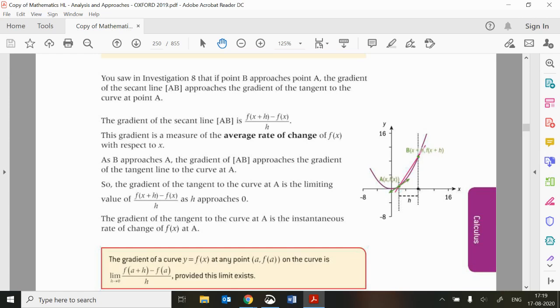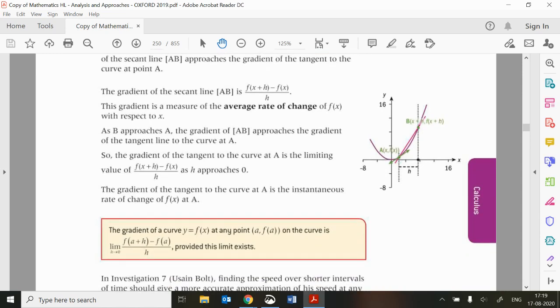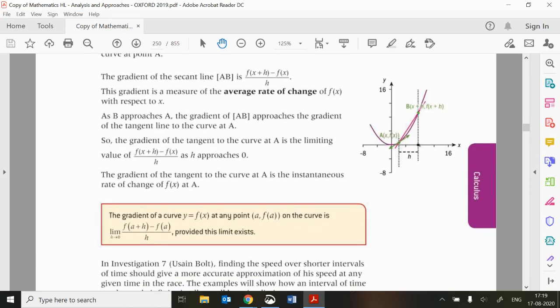But then it's saying that, sure, we've got this average rate of change, but there's a bit here which it says, as h approaches 0, sort of in the center of the page there, the gradient of the tangent at A, this point coordinate A that they're talking about, where they're now using x rather than lowercase a, frustratingly, is the limiting value as h approaches 0.